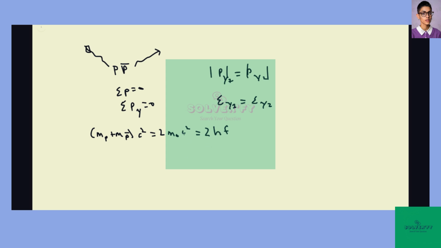So the photon pair has to have energy equal to the rest mass energy of the proton-antiproton pair. So this is going to be equal to 2hc, because the frequency is just the speed of light divided by its wavelength. Now we can solve for the wavelength, get rid of the 2's, and state that lambda is equal to hc over m0 c squared.